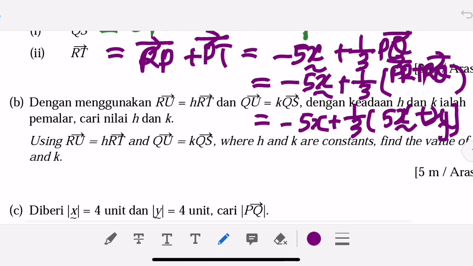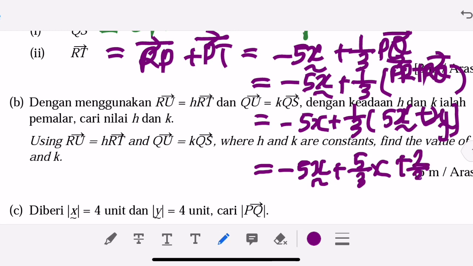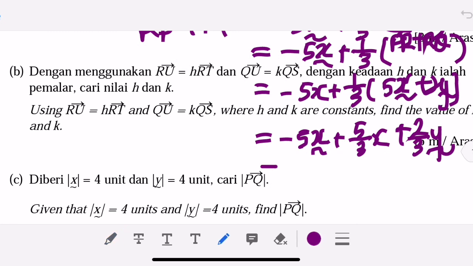So now we have to solve the like terms. Negative 5x plus 5 over 3x, and then 1 over 3 times the 2 is 2 over 3y, right? So you can press your calculator. Negative 5 plus 5 over 3. Alright, you get negative 10 over 3x plus 2 over 3y, right?